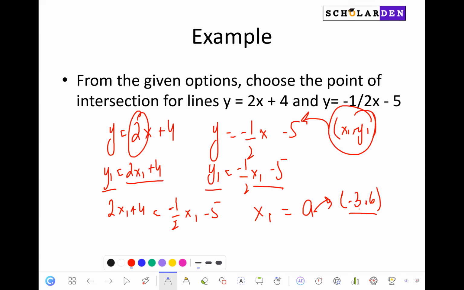And if we substitute this value in either of these equations, either this equation or that equation, if we substitute the value of x1, minus 3.6, in this, we're going to get the value of y, which in this particular case is going to come out as b, which is minus 3.2.